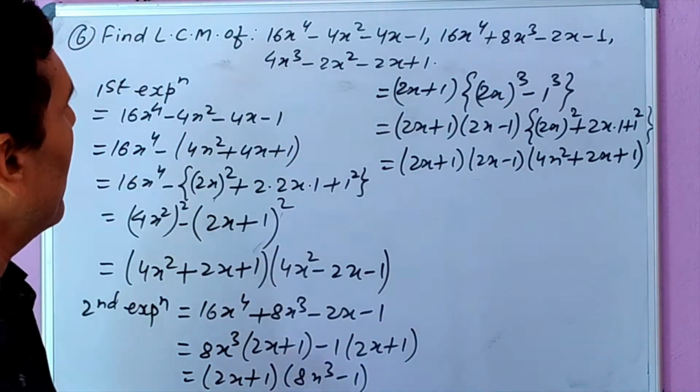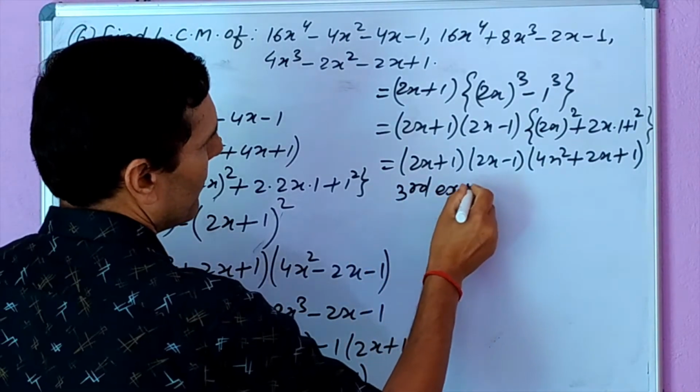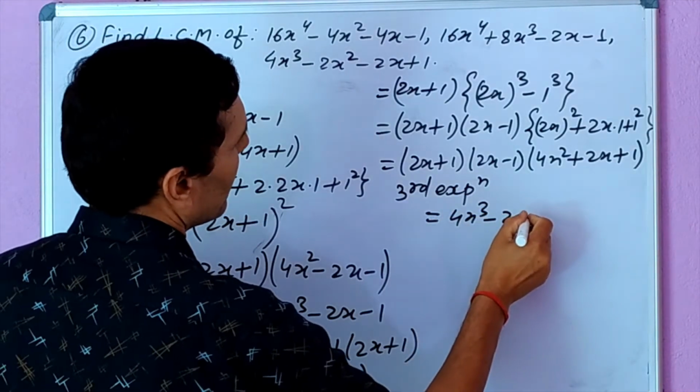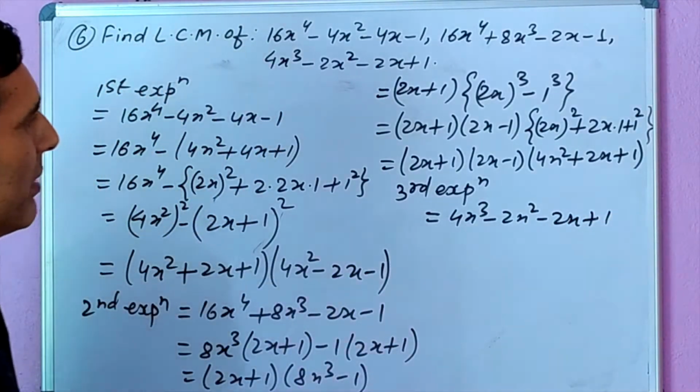Now we have the third expression: 4x cube minus 2x square minus 2x plus 1. How can this be factorized?